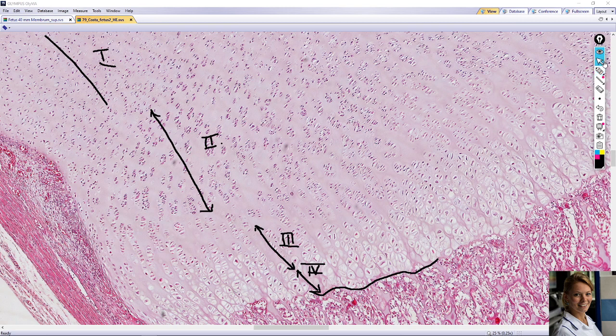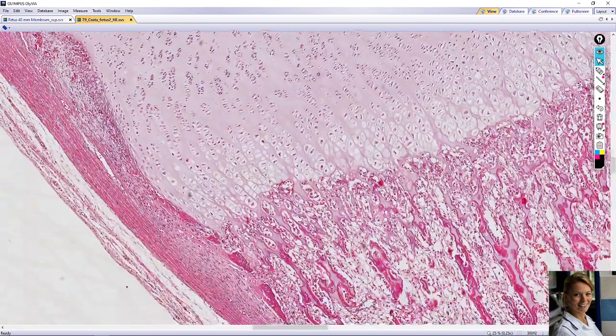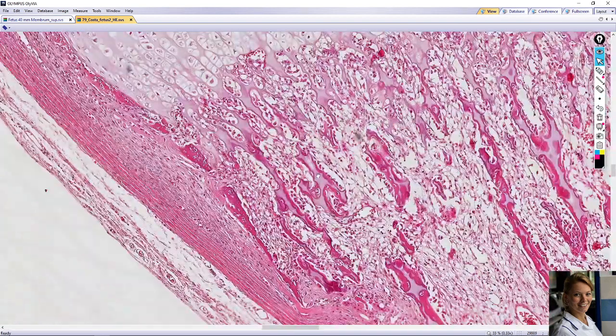So, and I moved to another part. Here you can see the basophilic core, which is formed by calcified cartilage, and the thin layer of new bone, eosinophilic bone, and the osteoblasts, which cover the bone trabecula.